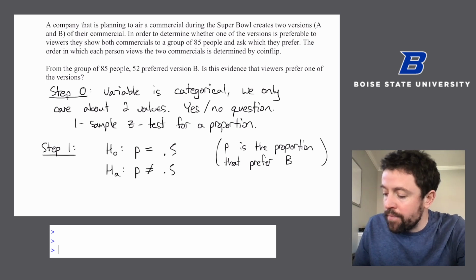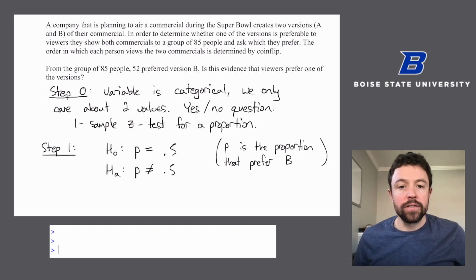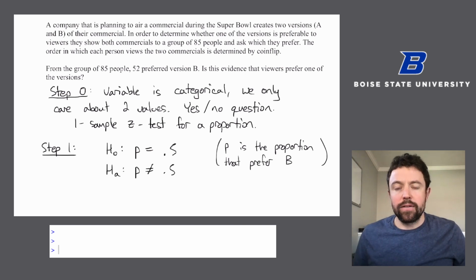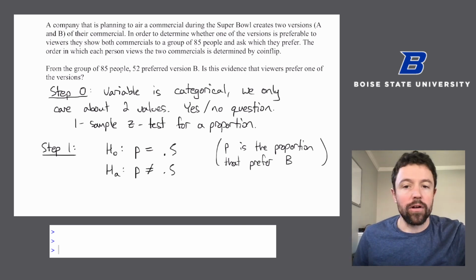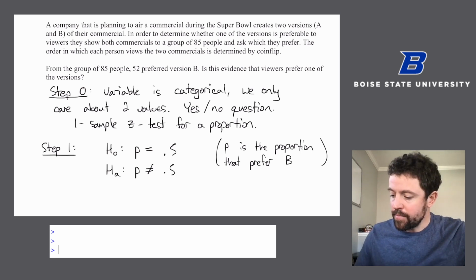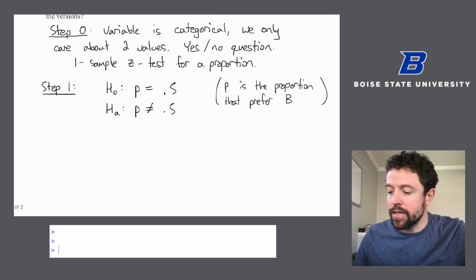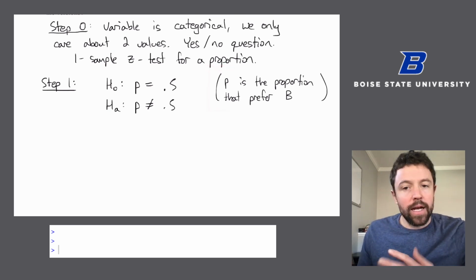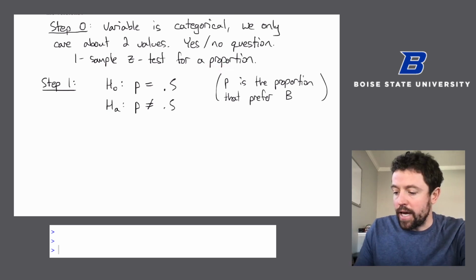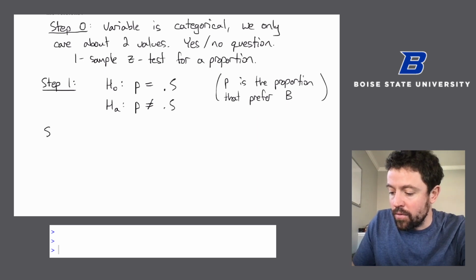And since we don't know what the preference is or what preference we should expect, right? We're not saying, oh yeah, we expect this version B to be better. Our alternative should be not equal. So that's step one, a little trickier than some instances. And there's this important thing to remember. Sometimes you have to define what the proportion actually is. That is, it's not obvious what it should be.